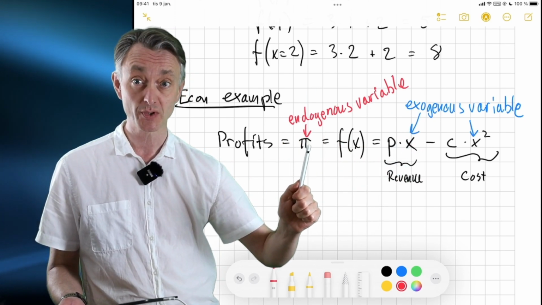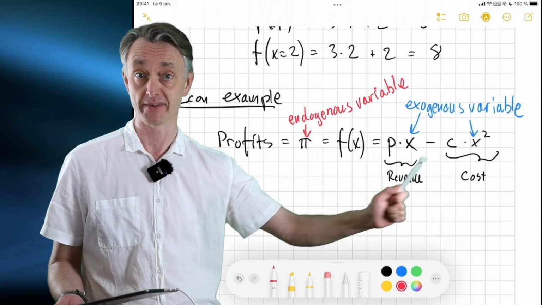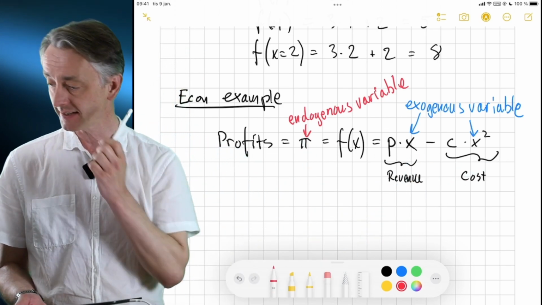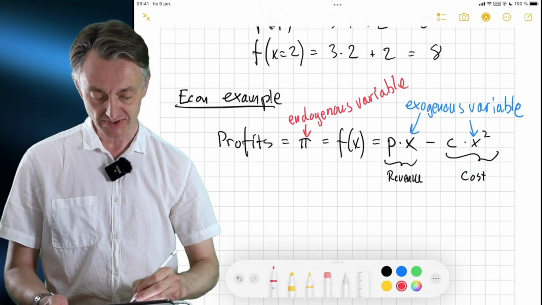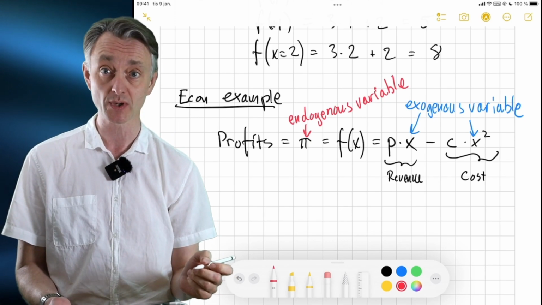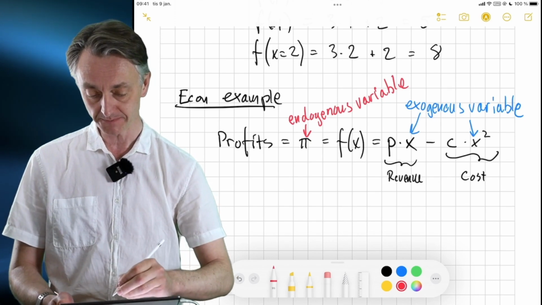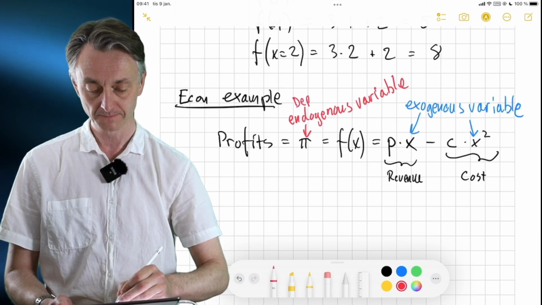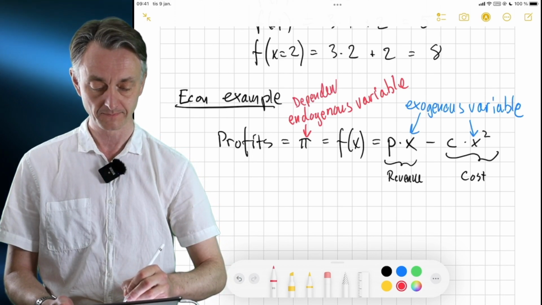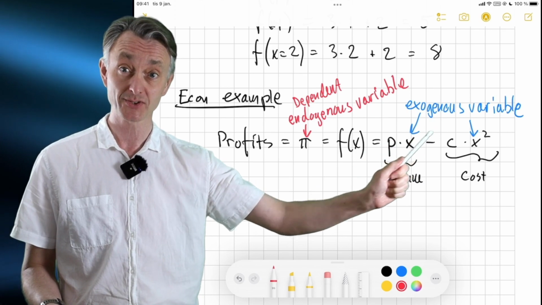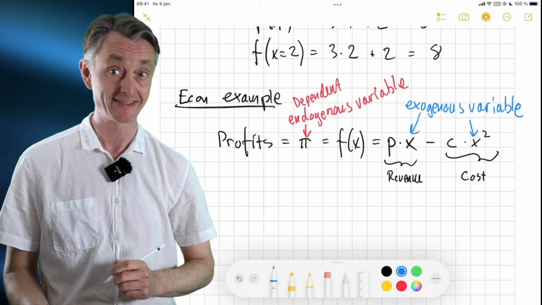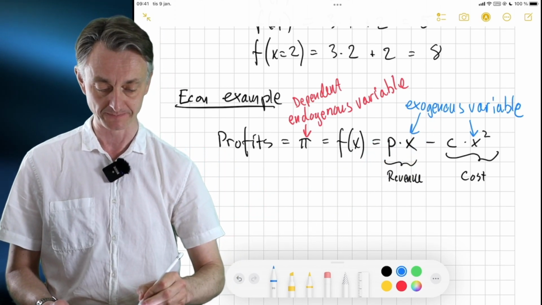The endogenous variable is something that is decided by the model itself. And these variables are sometimes also called, the endogenous one is the dependent variable. And the exogenous one is then, as you might guess, the independent variable.